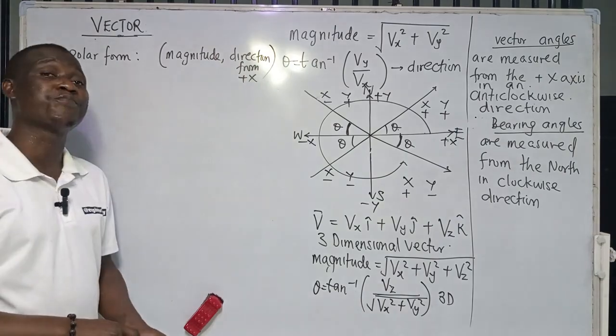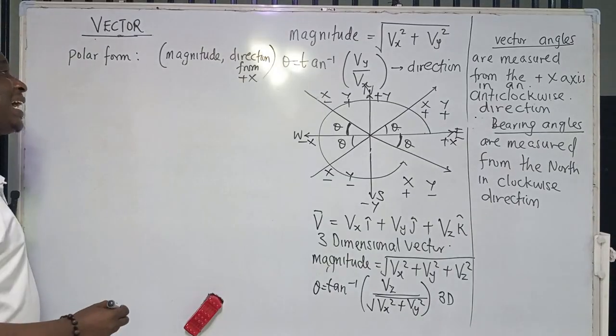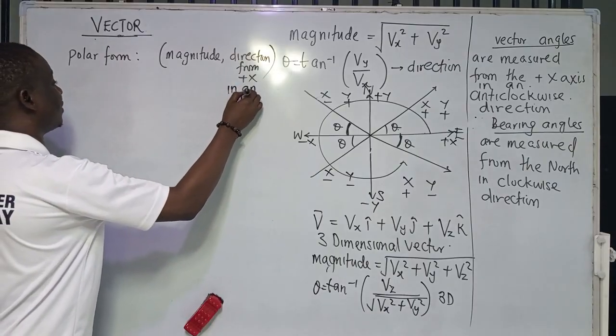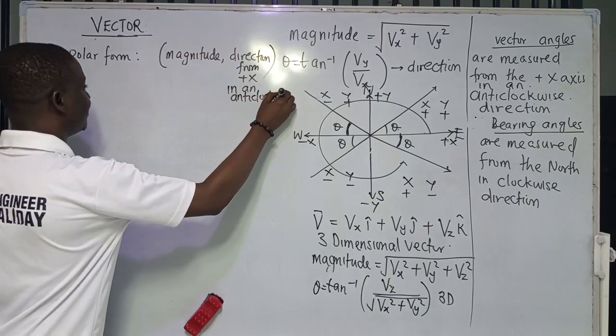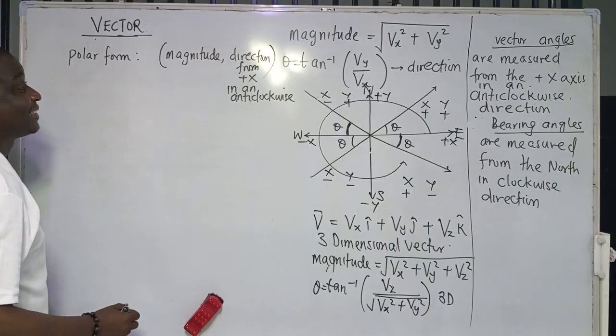All directions of a polar form of vector must be measured from the positive x-axis in an anti-clockwise direction. So you have your magnitude, then the direction in an anti-clockwise direction.